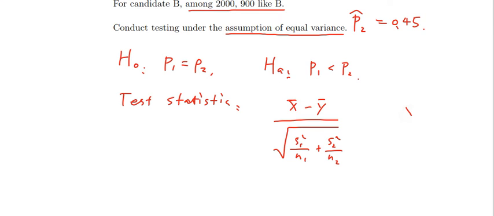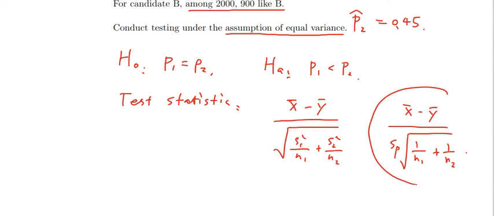The other one is x bar minus y bar over SP times the square root of 1 over n1 plus 1 over n2. So here we should use this formula.